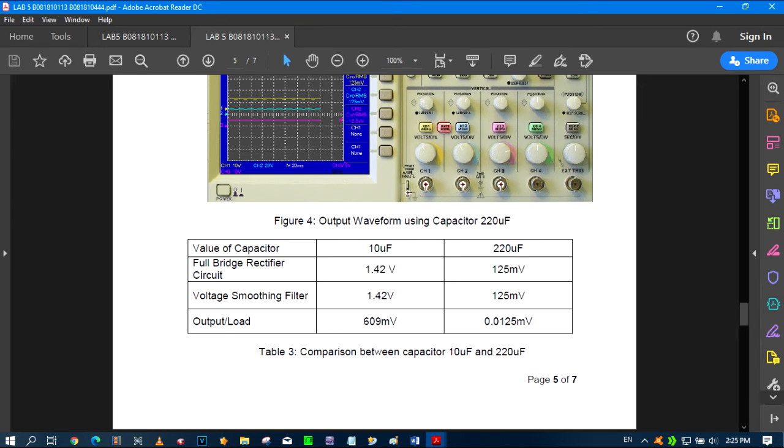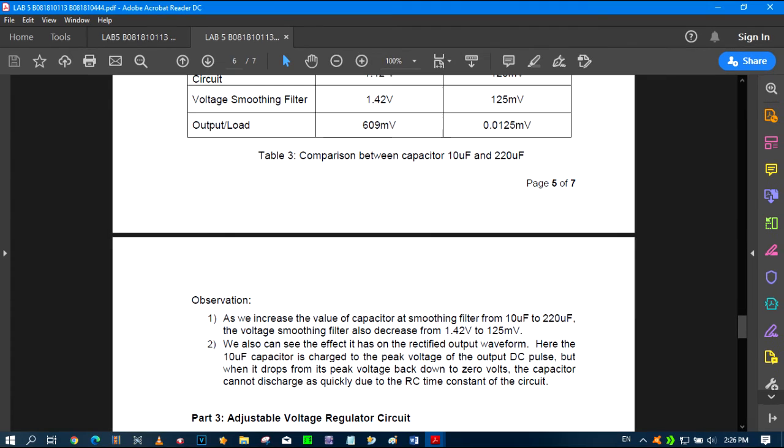With the capacitor value being different, we can see the effect it has on the rectified output waveform, maintaining the voltage across the load resistor until the capacitor recharges once again on the next positive slope of the DC pulse. In other words, the capacitor only has time to discharge briefly before the next DC pulse recharges it back up to the peak value. Thus, the DC voltage applied to the load resistor drops only by a small amount.